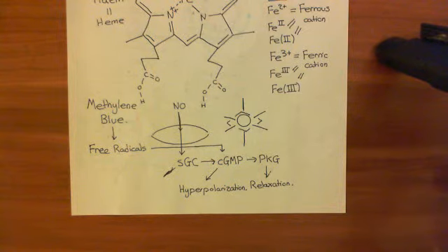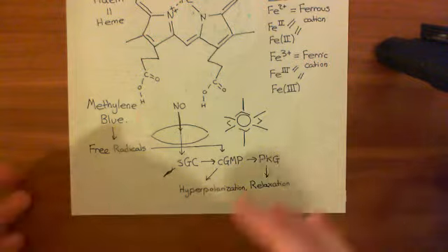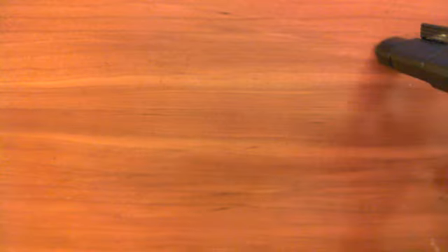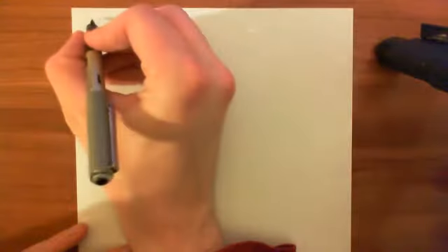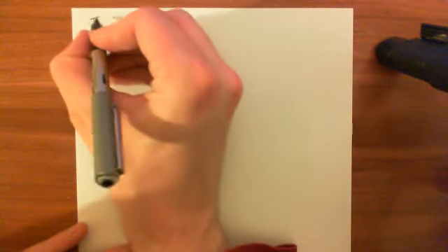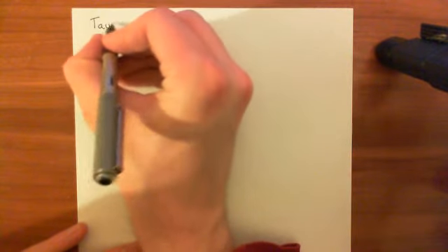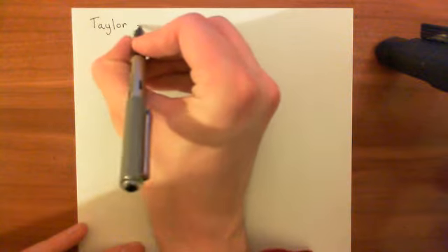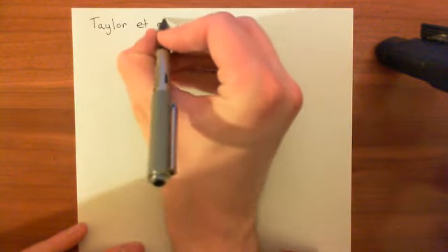So, let's have another look at another experiment done later. So, let me get another piece of paper. Right, so if you needed any more convincing that it's not nitric oxide that is doing this to the smooth muscle cells, then another experiment was done again in 1988 by a scientist known as Taylor and his colleagues et al.